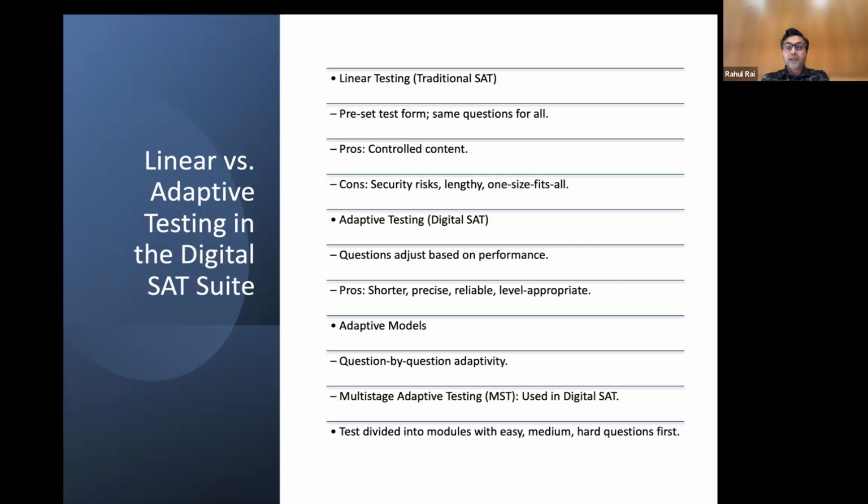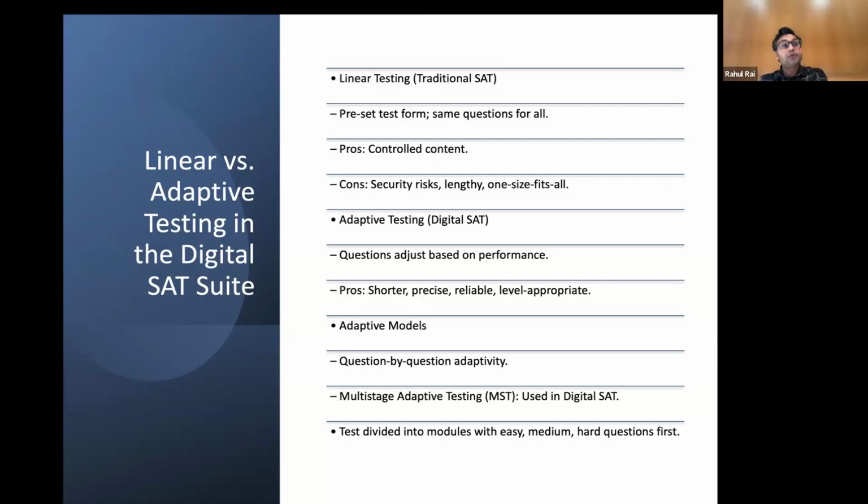So this is the main thing that I want to highlight, that adaptive testing in digital SAT is not question-by-question adaptivity. Every question is not going to be changing based upon your performance on the previous question.